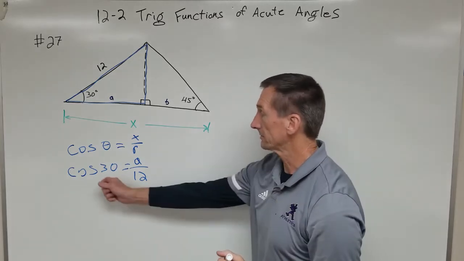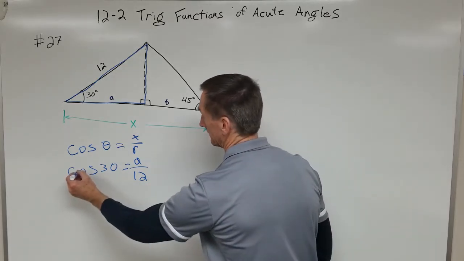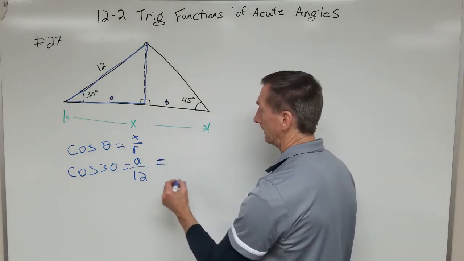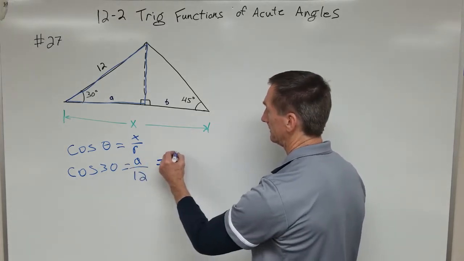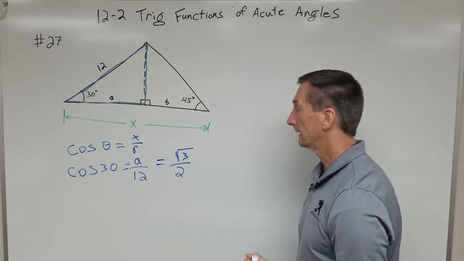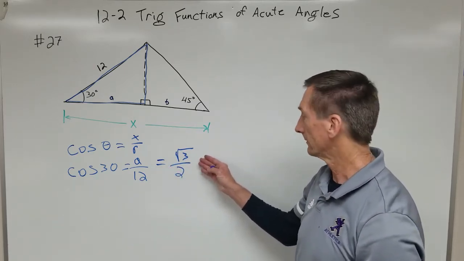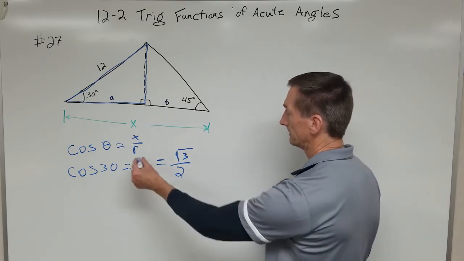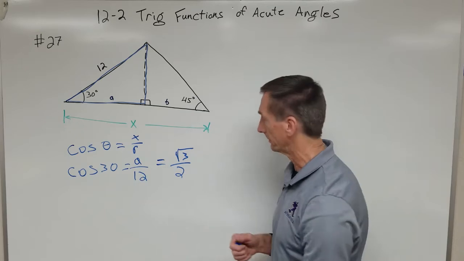Okay, but I know the cosine of 30 degrees because I've been studying that table and I have this memorized. So the cosine of 30 degrees is, of course, square root of 3 over 2. Knowing that will save you a lot of time instead of having to reference the book a lot. All right, so we can solve for A here by cross multiplying.